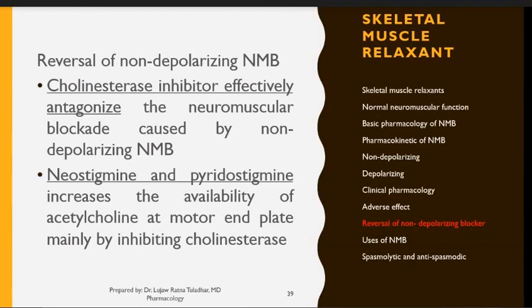And physostigmine भन्ने drug, it can cross blood-brain barrier. Neostigmine and pyridostigmine, they do not cross blood-brain barrier. त्यो भएकोले.